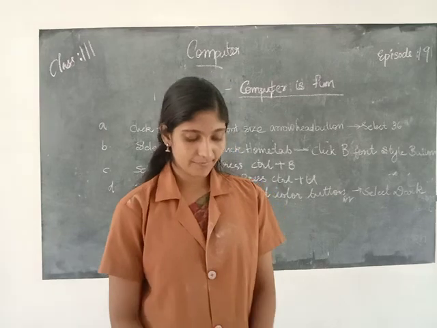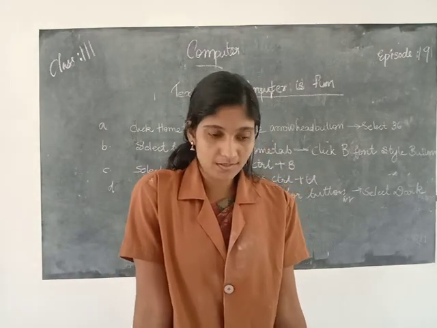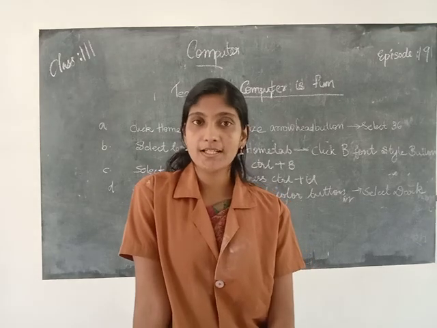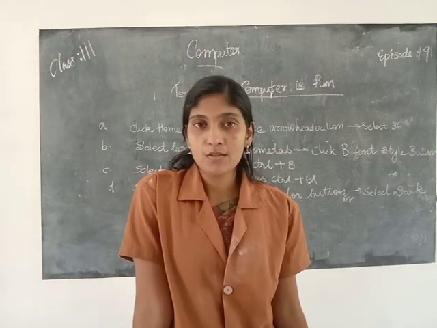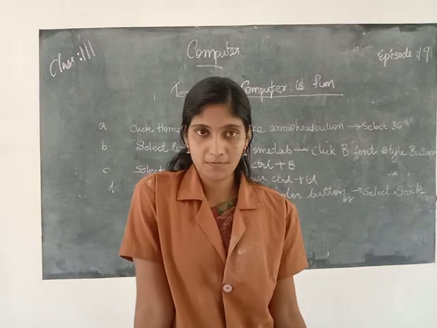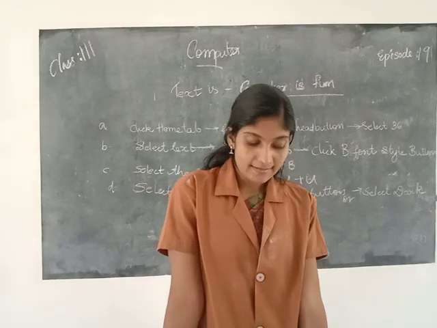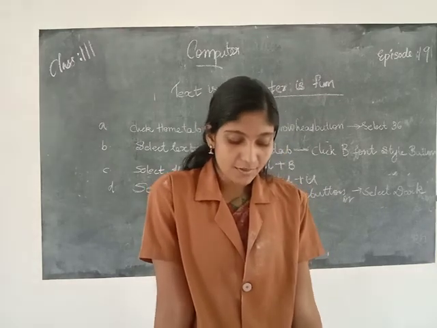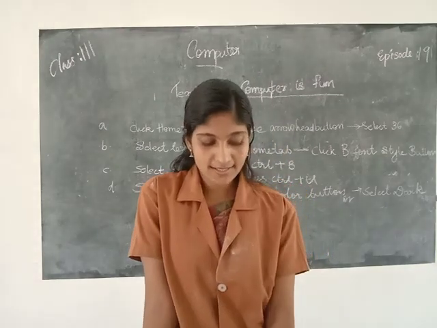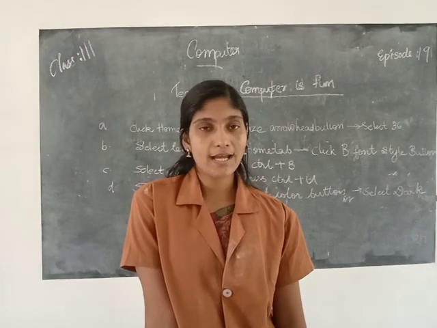Then next question. Microsoft Office Word can be used to. We know what Word is. Word can be used to create documents, right? So here: type text, play games, listen to music, make presentation. Which is the correct one? Microsoft Office Word is used to type text.